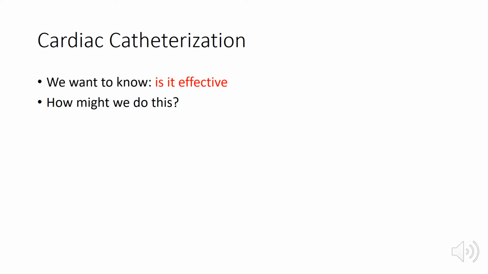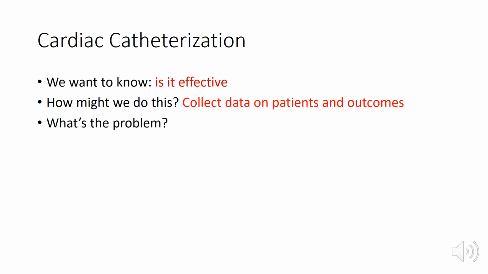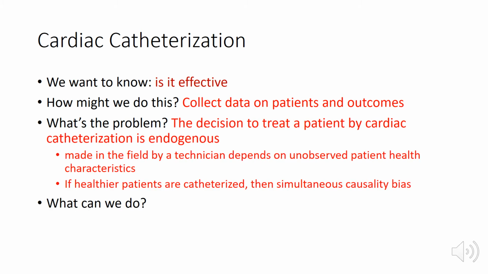Yeah, Renee. Yeah, so run studies, run tests. It sounds like what we're interested in is collecting a lot of data and looking at outcomes. It sounds like the decision to treat a patient with a catheter is endogenous.